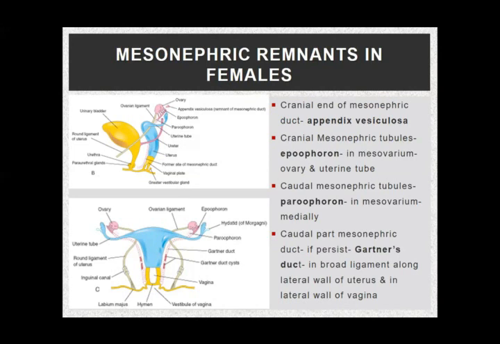Now, when we were doing the development of the urinary system, I told you that mesonephric tubules also developed, and these mesonephric tubules regressed. However, in males, the mesonephric tubules developed into efferent ductules.